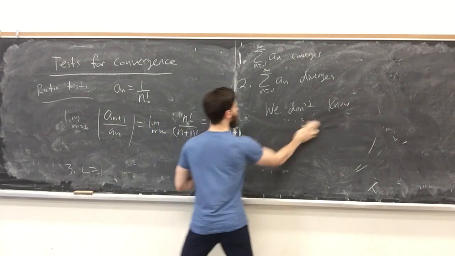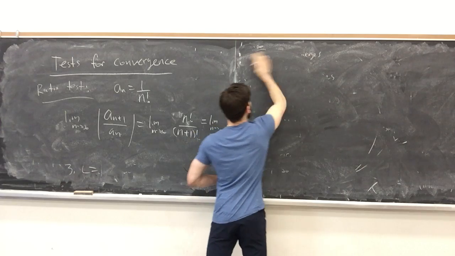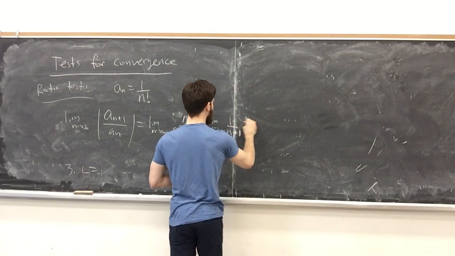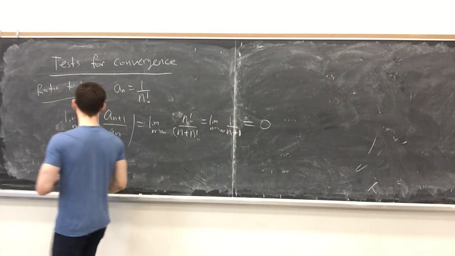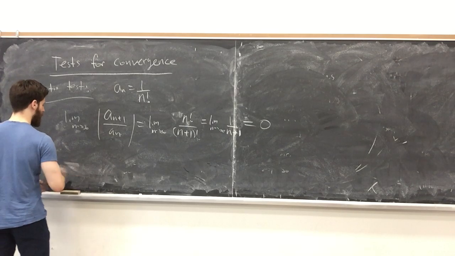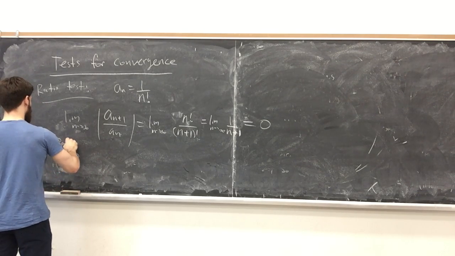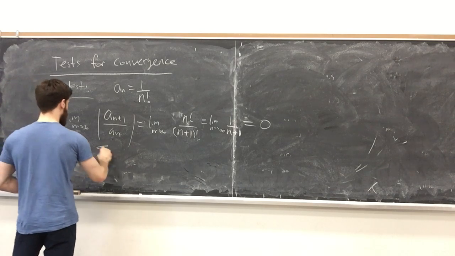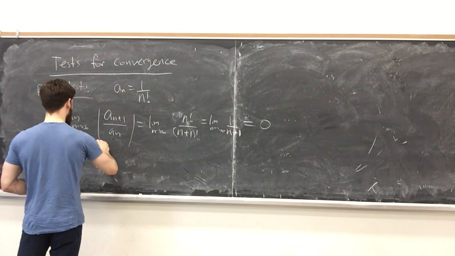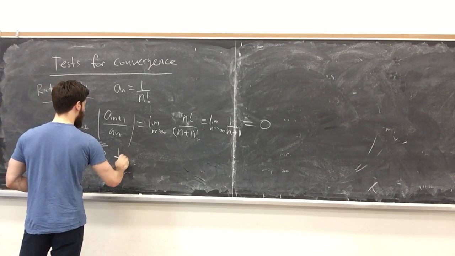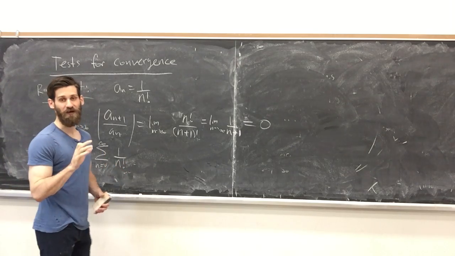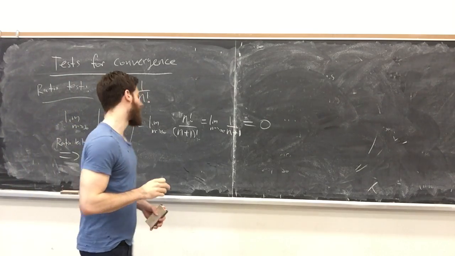Which is equal to 0. So by the ratio test, this series converges. Recall that 0 factorial is defined to be 1.